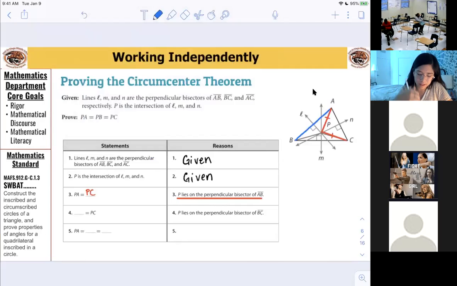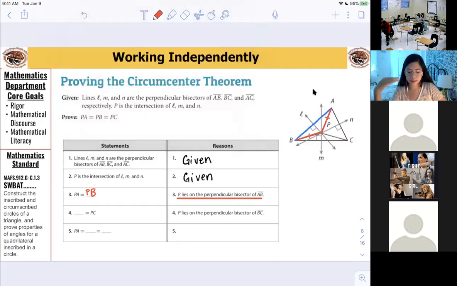No. Now, instead of PC, what do you think it is asking for? PB. PB, yeah. So not PC, but PB. And that's because of the perpendicular bisector theorem.